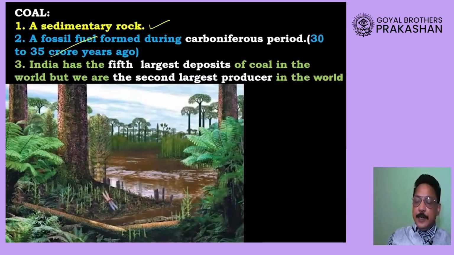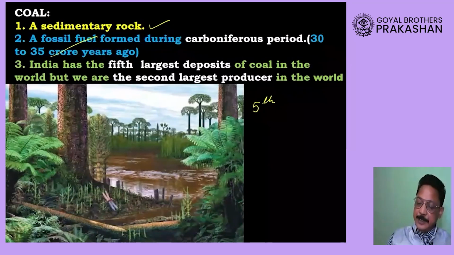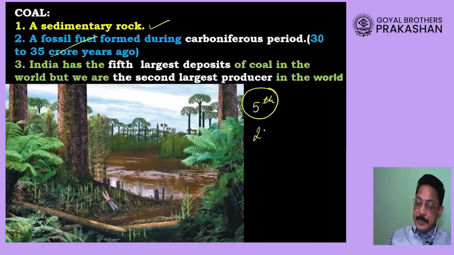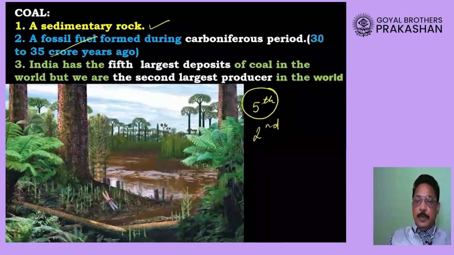And related to coal, please remember, our country India has the 5th largest deposits of coal, but we are the 2nd largest producer of coal. Now please remember, when we talk about the overall deposits, the quantity of coal in the world, India has the 5th largest quantity.